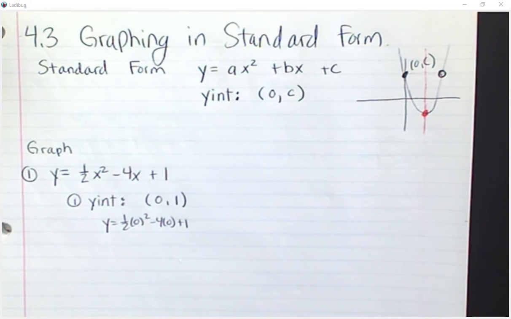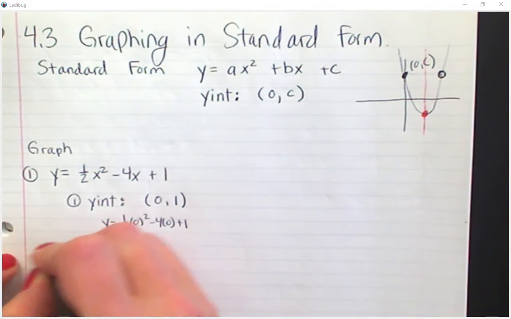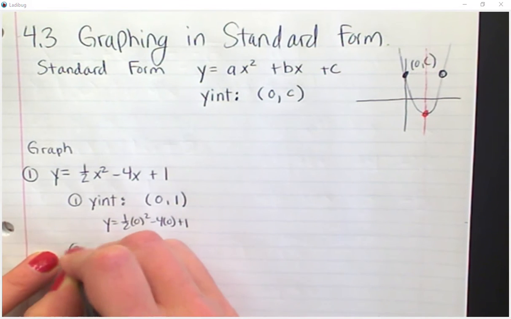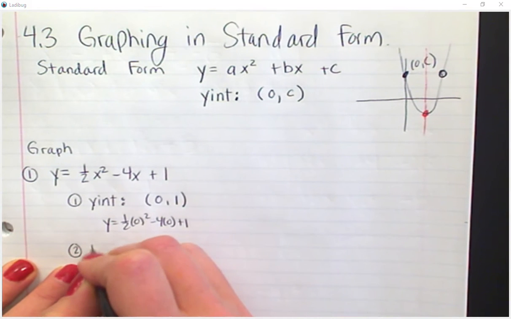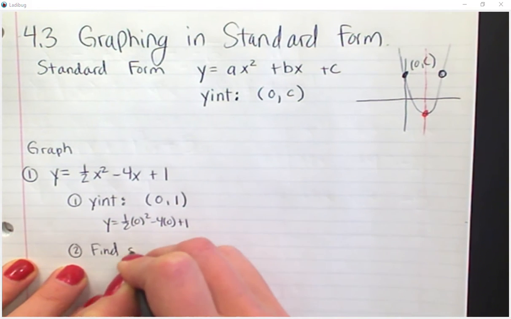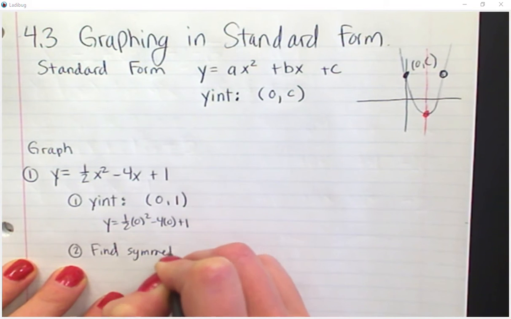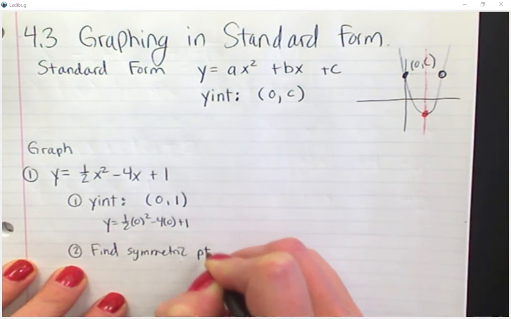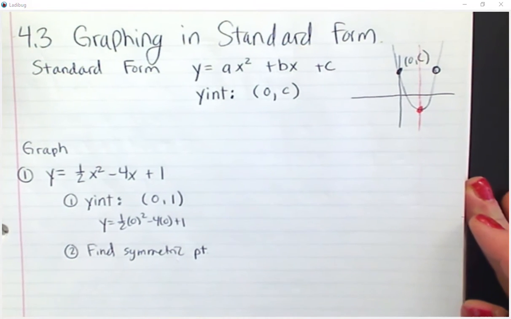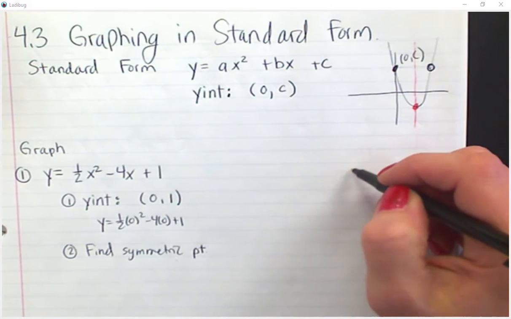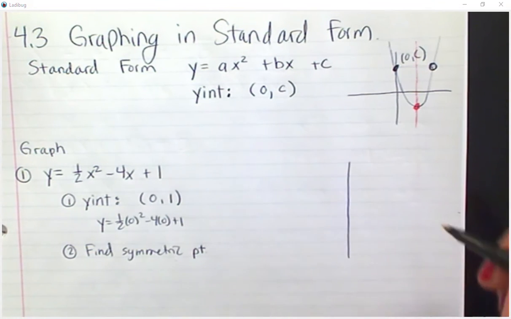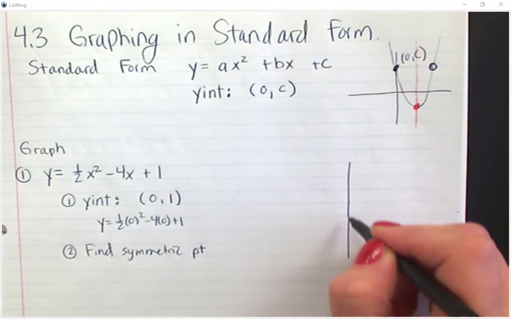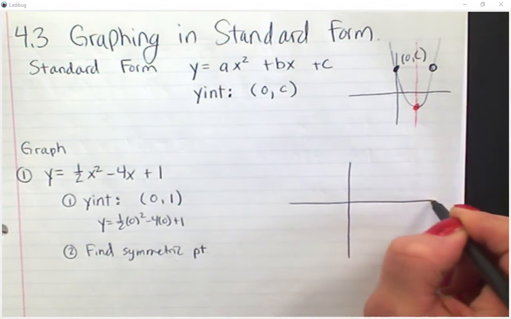Great. I still need to figure out where the other points are. The second thing we're going to do is find the symmetric point. Just going to leave my grid over here. Okay.